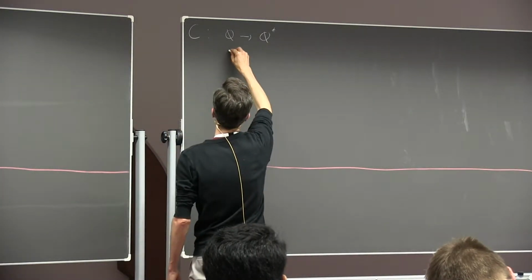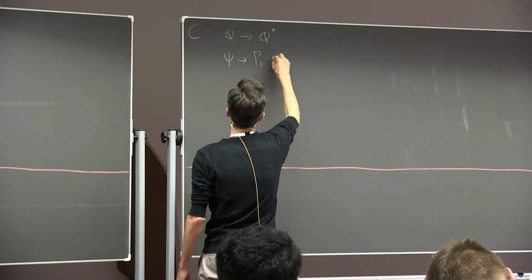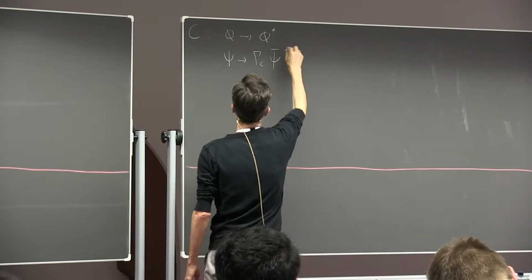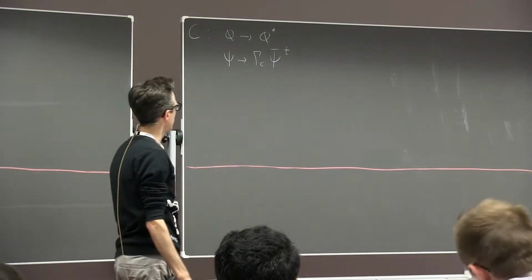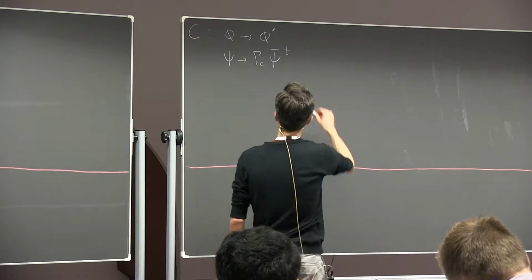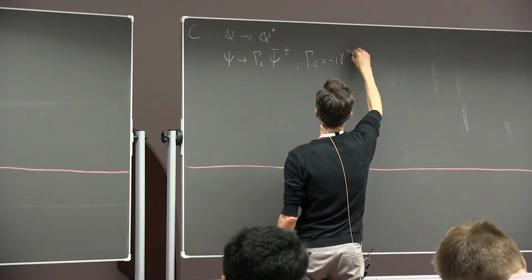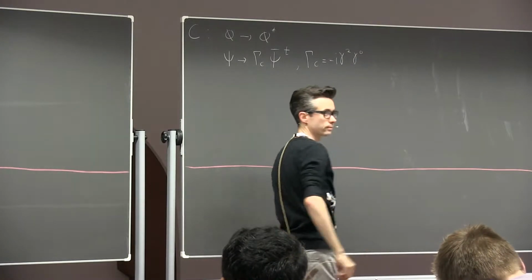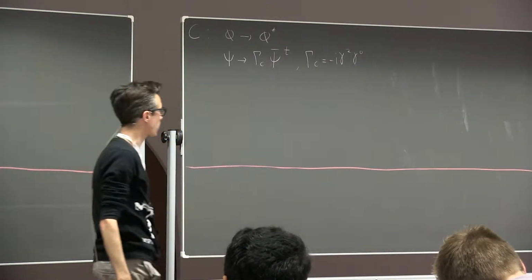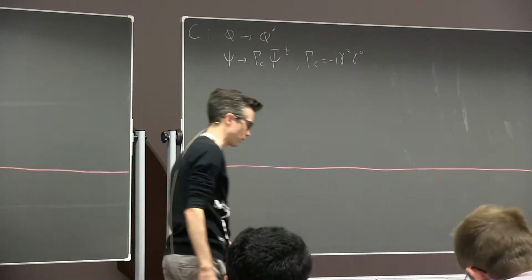On fermions, or at least on a Dirac fermion, my Dirac fermion gets mapped to what I call gamma_C psi bar transpose, where gamma_C is minus i gamma^2 gamma^0.